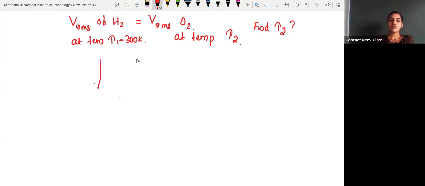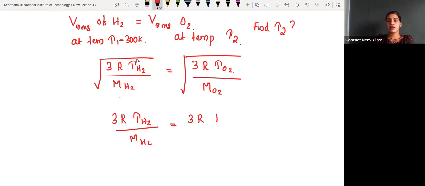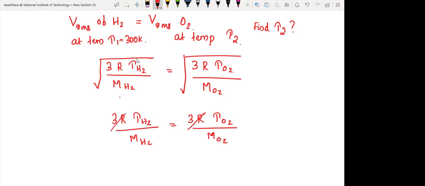So actually, you will solve it like root 3RT of H2 divided by molecular mass of H2 is equal to root 3RT of O2 divided by molecular mass of O2. Then you square this: 3RT of H2 divided by M of H2 is equal to 3RT of O2 divided by M of O2.